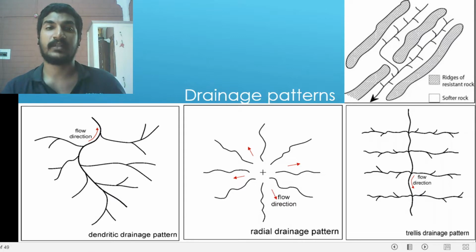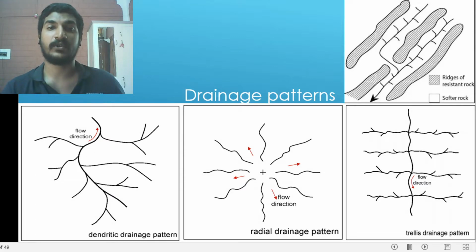The next one is the trellis drainage pattern. In this type of pattern, the short subsequent streams meet the main streams at right angles, and the differential erosion through soft rock paves the way for tributaries. Such patterns typically develop where sedimentary rocks have been folded or tilted and then eroded to varying degrees depending on their strength.